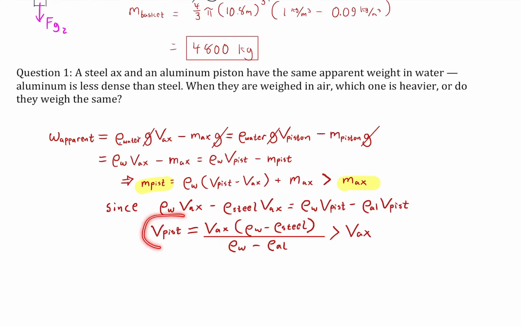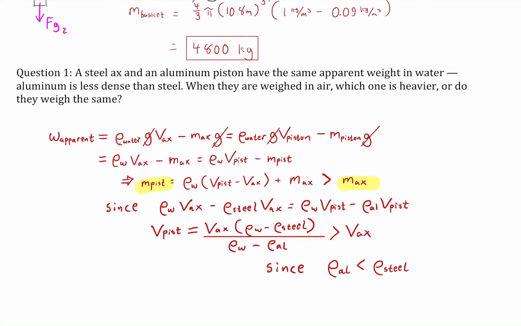This tells me that the volume of the piston must be greater than the volume of the axe. Why? Well, because the density of aluminum is less than the density of steel, right? And so if we look here, right up top, we've got the density of water minus the density of aluminum, all right? So this is going to give us a negative term. And then over here, we're going to have the density of water minus the density of steel, also a negative term.